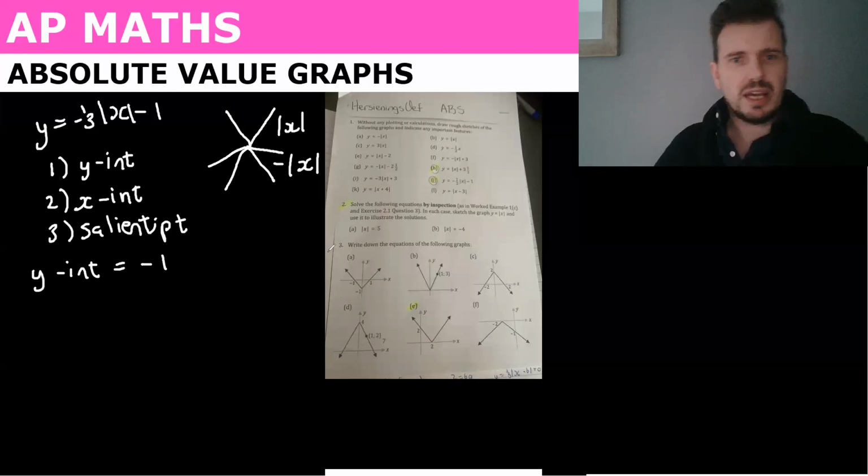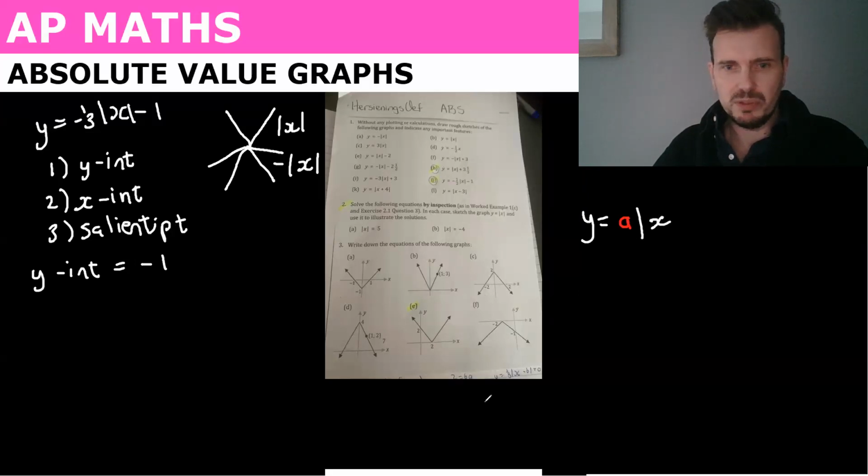Then we're going to look at the salient point. If you look at the other video that I've uploaded, there's the general formula for an absolute value graph. It depends on what textbook you use what they call P and Q. Some textbooks call it H, some call it B, some call it C, it could be any letter.